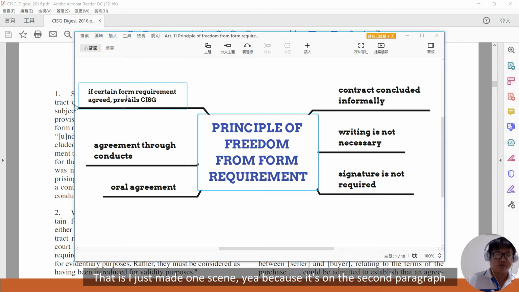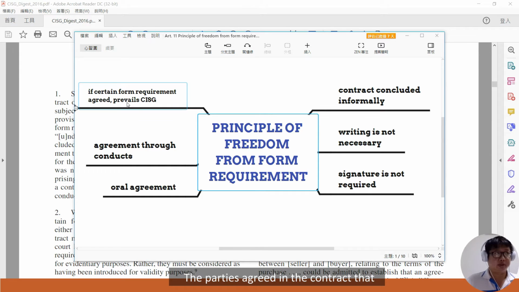I just missed one thing, because it's in the second paragraph. If certain form requirements are agreed, the agreement prevails over the CISG. What it means is, if the parties agreed in a contract that certain conduct shall be done in writing, then the agreement on this part prevails over the CISG.